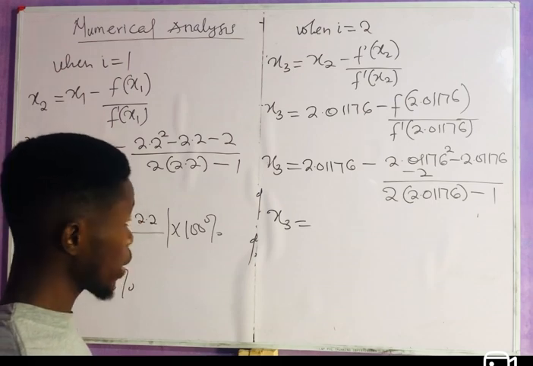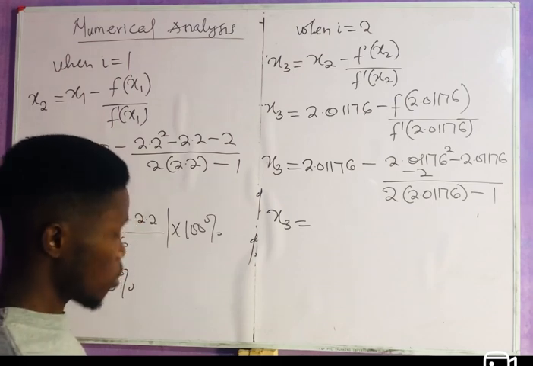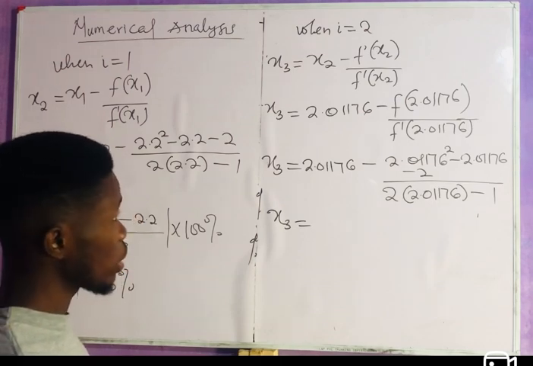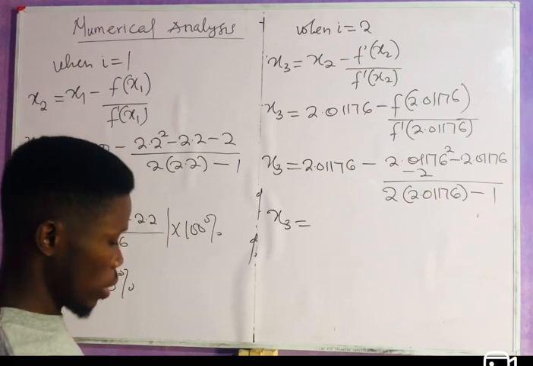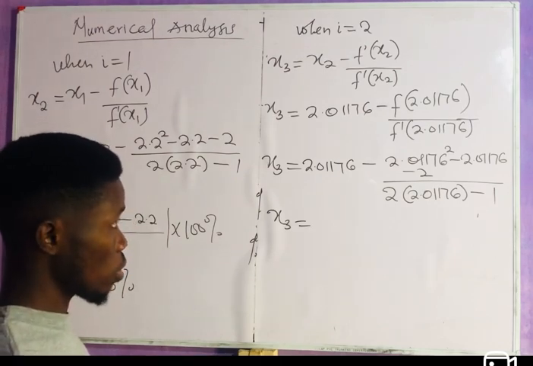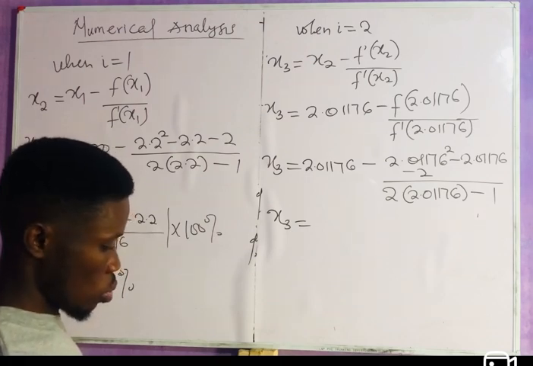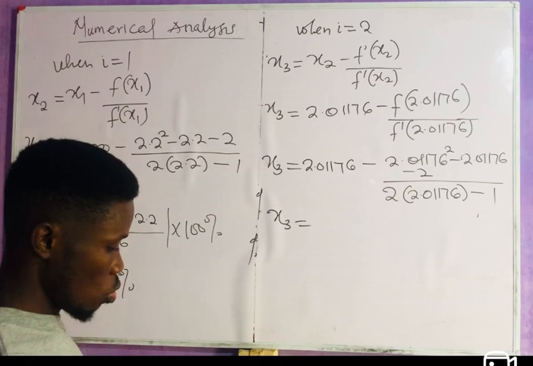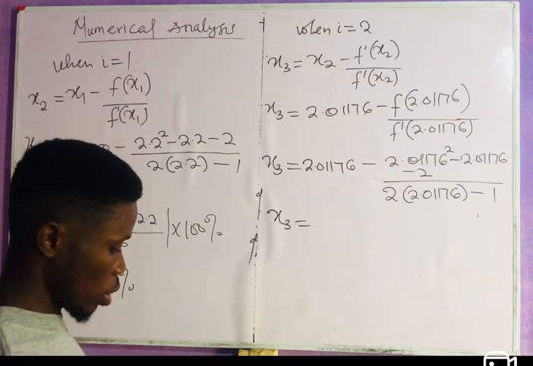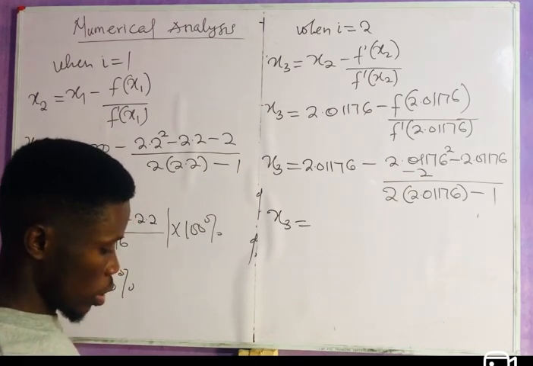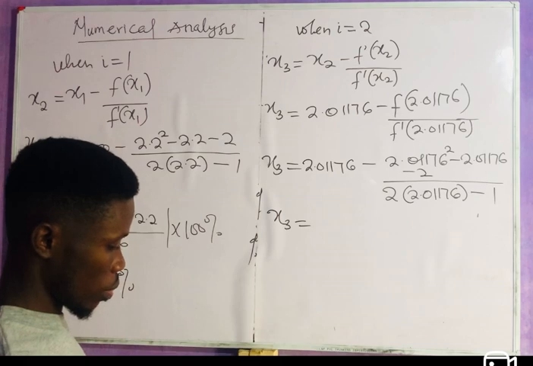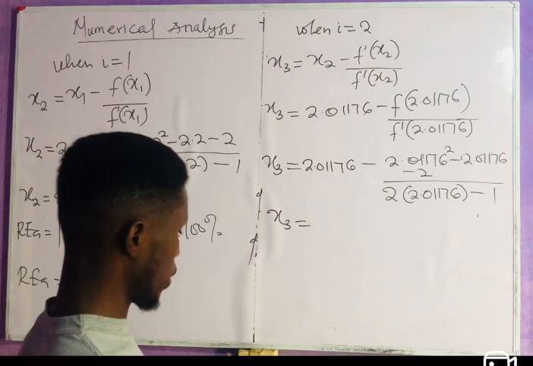So our x3 will give us 2.01176 minus 2.01176 squared minus 2.01176 minus 2, all divided by 2 bracket open 2.01176 minus 1.